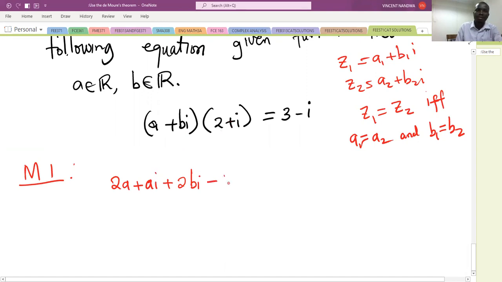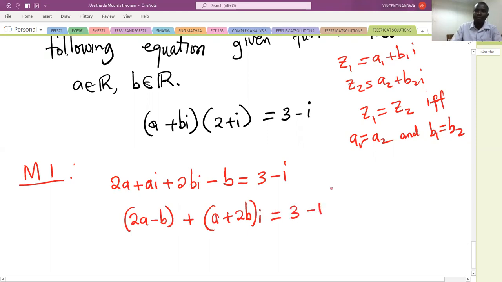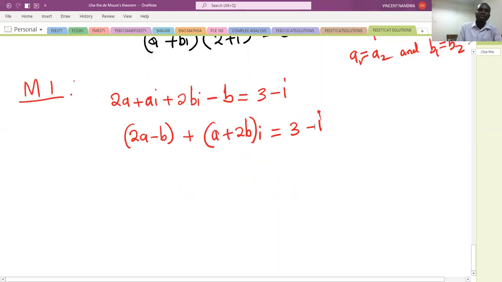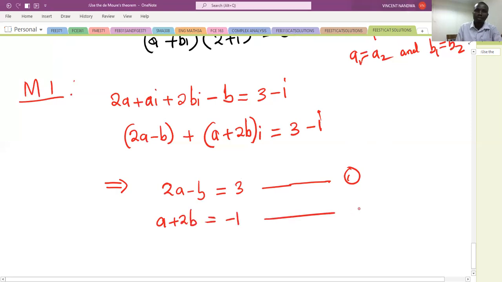So I'll have minus B equals 3 minus I. This gives us 2A minus B as the real part plus A plus 2B I equals 3 minus I. For these two sides to be the same, the real part 2A minus B should be the same as 3. Call it equation 1. And the imaginary part A plus 2B should be the same as -1. Call this one equation 2.